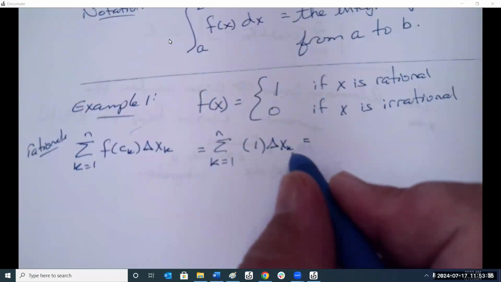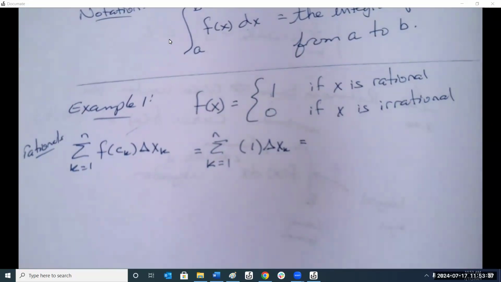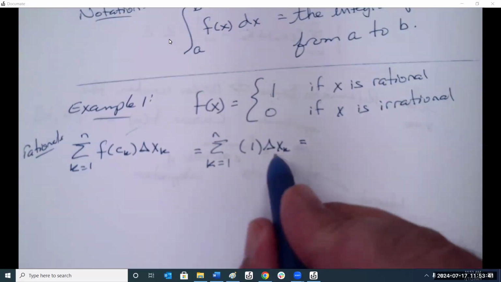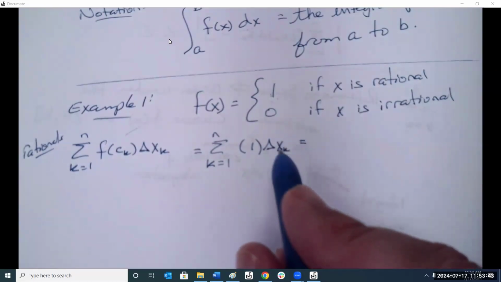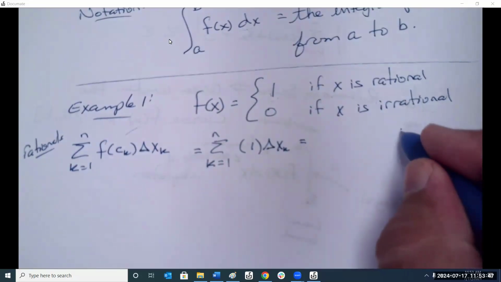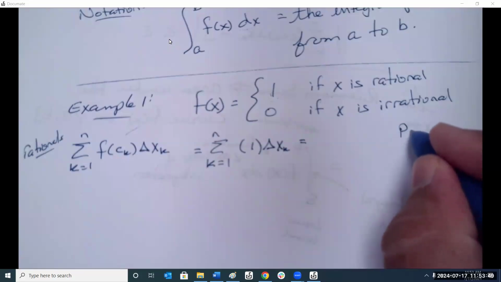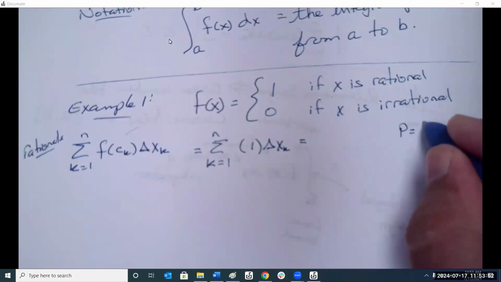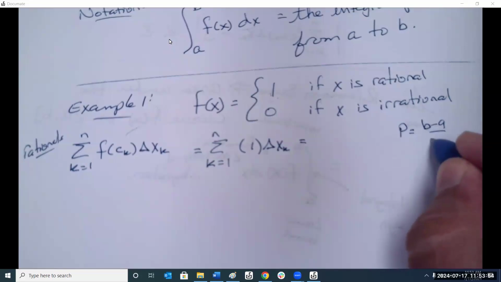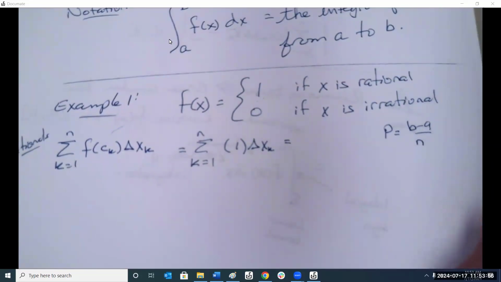And it doesn't matter what we partition. Remember what a partition was? b minus a over n. That's how you cut the domain of your function.